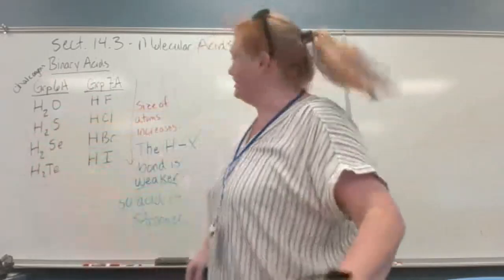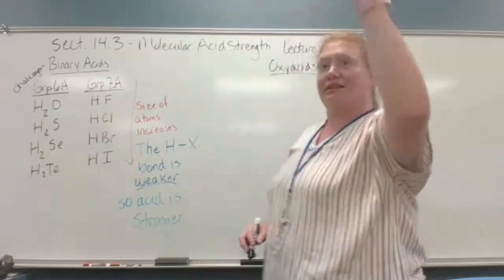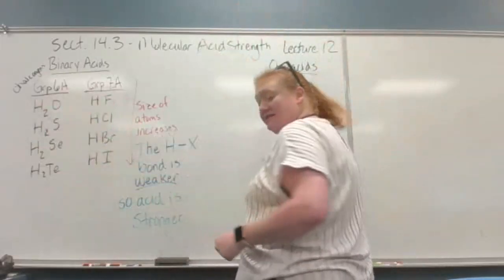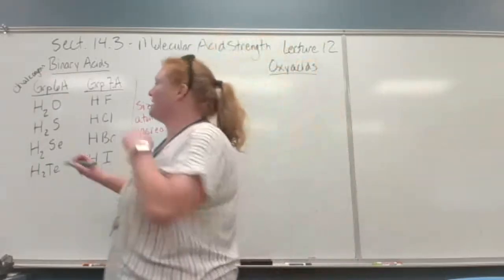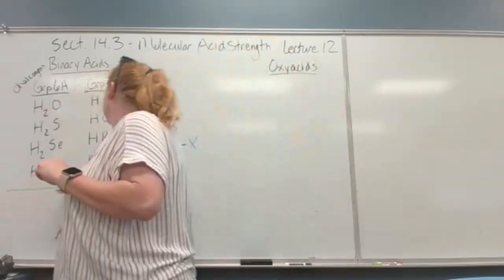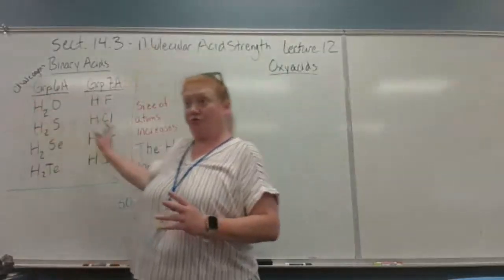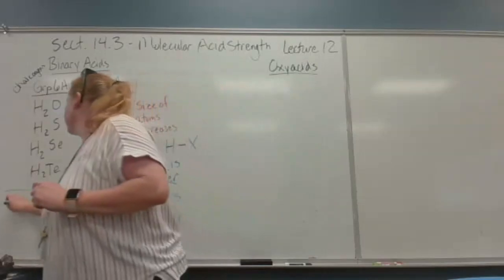Okay, if I'm going to compare left to right, then what I think about is the electronegativity. Going left to right, we see what's happening to electronegativity. Electronegativity increases going left to right.